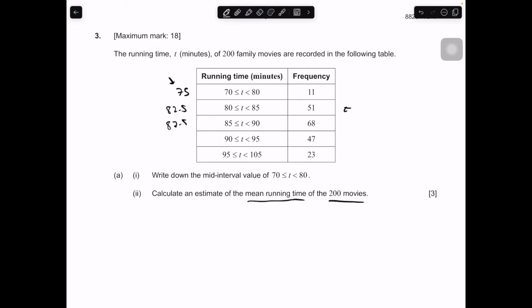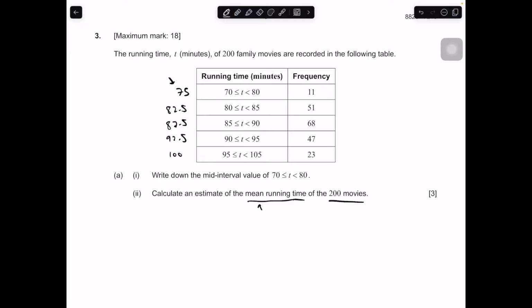This is 87.5, 92.5, and this last one, the average would be 100. Okay, so these are all the mid-interval values of these movies, or the average runtime. And that's going to help us if we want to find the overall average of these 200 movies.